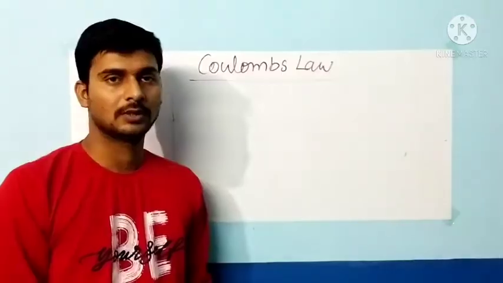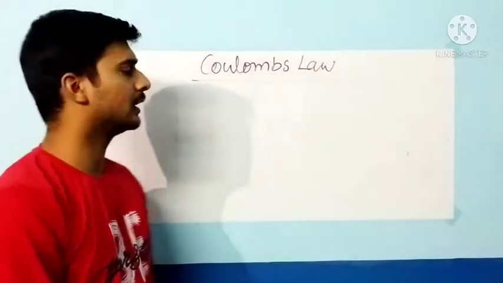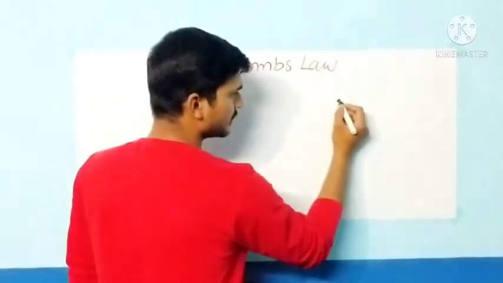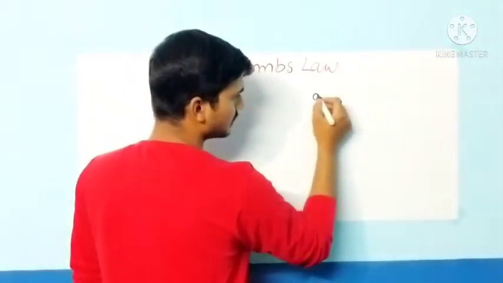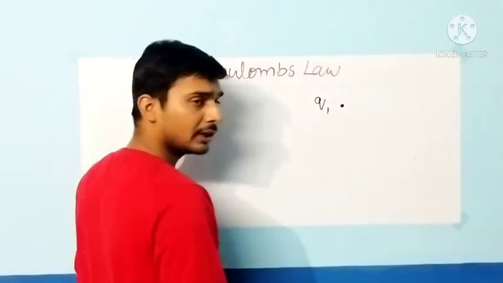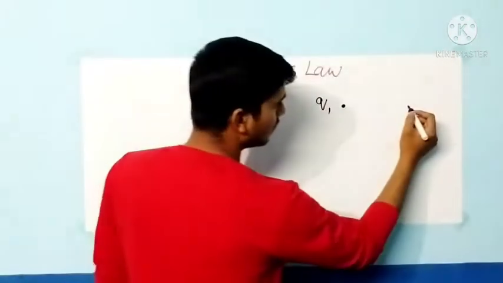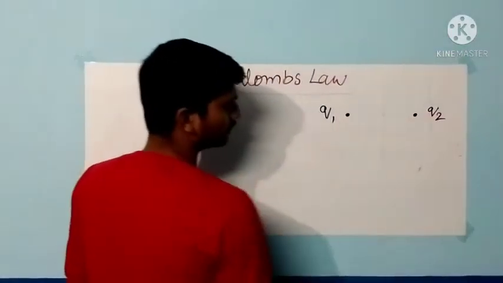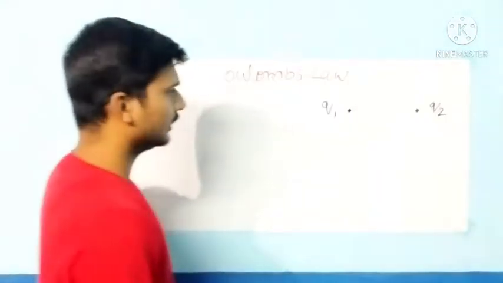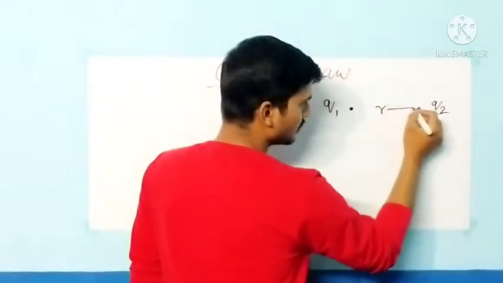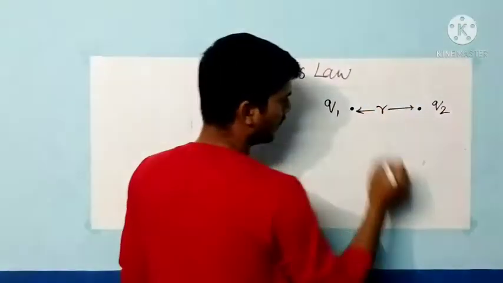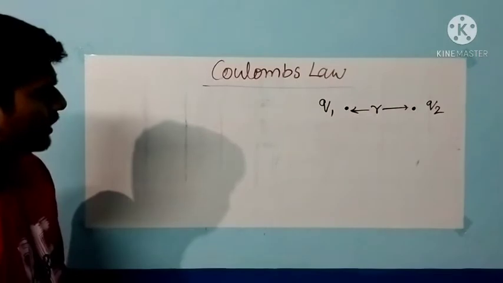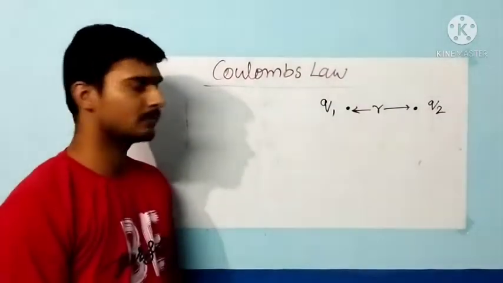Now we will see. Students, suppose that we have two point charges. One point charge has magnitude q1 and the other point charge has magnitude q2, and the distance between these two charges is r. So what does Coulomb's law say?